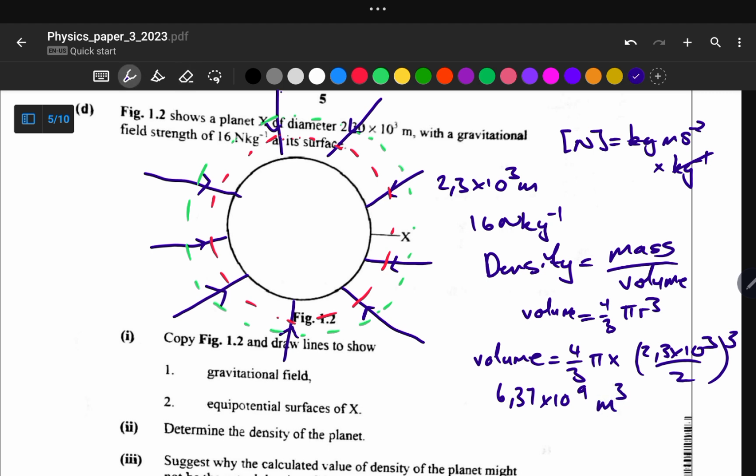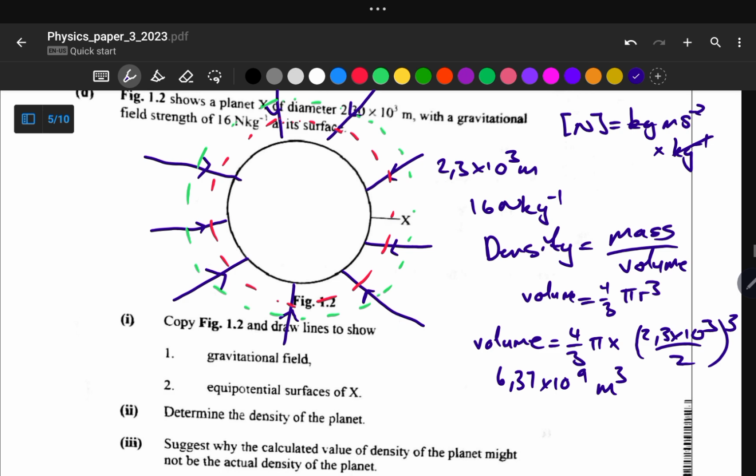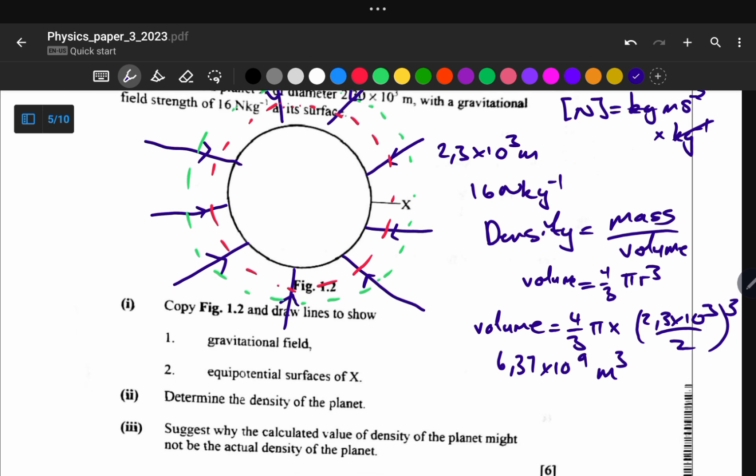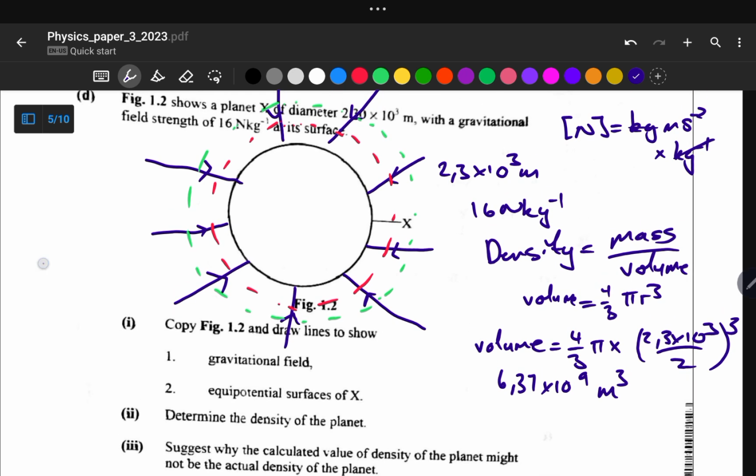Okay, and then for density, we can now calculate our mass. So gravitational field strength g is equal to Gm over r squared, like this. This is the formula for gravitational field strength. So you can simply calculate the mass of this planet.